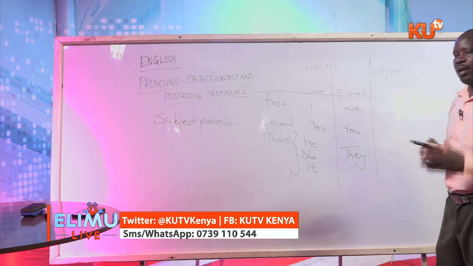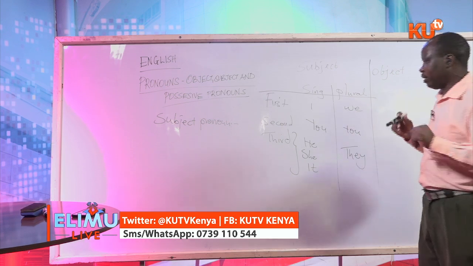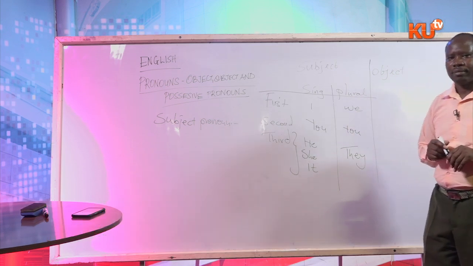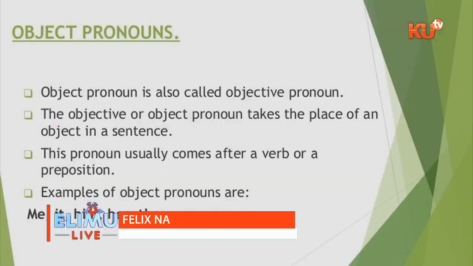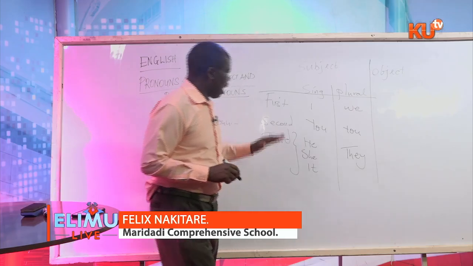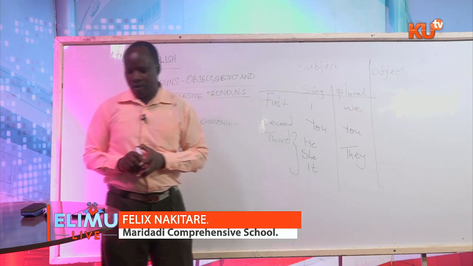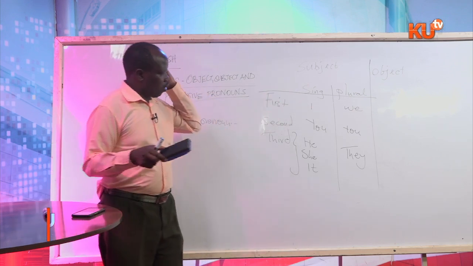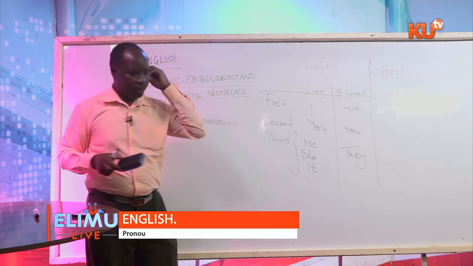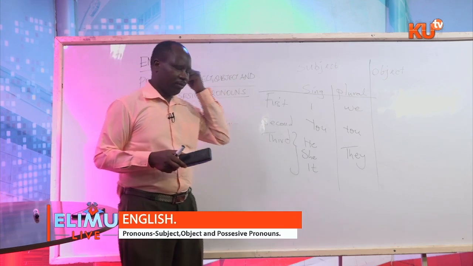Then we look at them here. Which ones will they be? I will interchange. I remove the personal or subject pronoun and I replace each of them with an object or objective pronoun. And I'll be using examples.